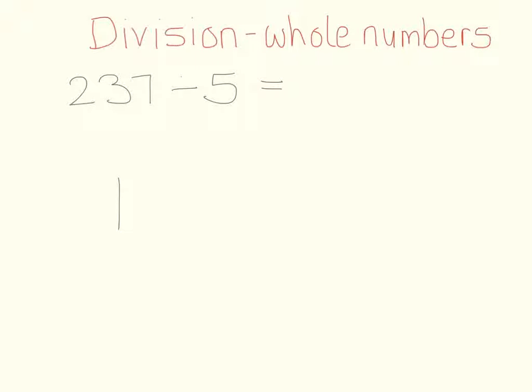So in our bus stop or our half box, we put the number that's being divided, 237. You can give yourself plenty of space for remainders that are carried across, so just stretch it out as much as you need to, and then the number we are dividing by, the divisor, goes on the left hand side.